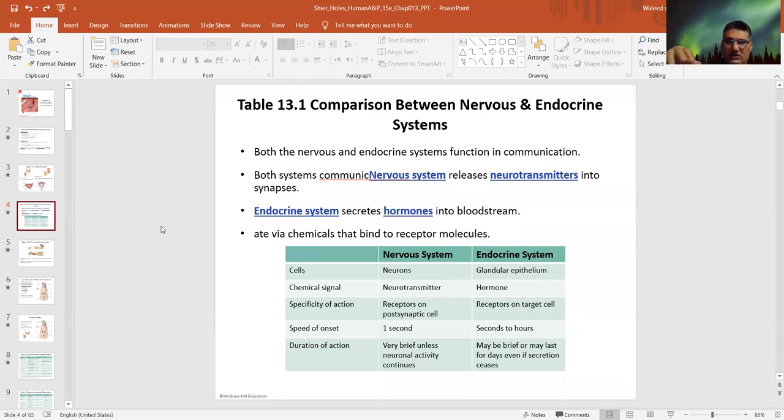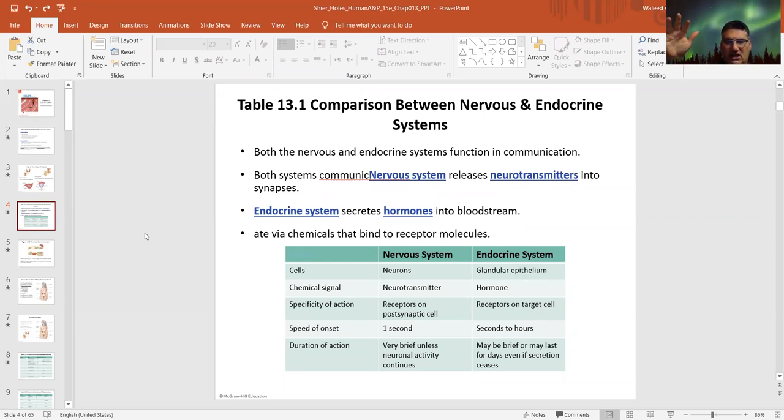The endocrine system, on the other hand, which is our focus in chapter 13, is a slow responding one. It can take from seconds to hours. So it's not an immediate thing. An example of that is, what if your calcium in the blood goes down? Are you going to respond immediately in a second and calcium goes up immediately?